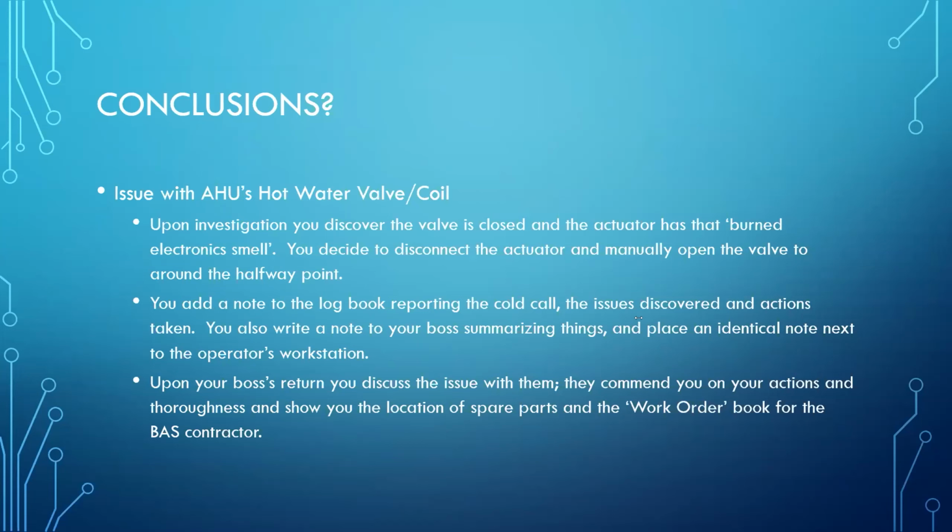You add a note to the logbook, add notes all around telling the boss what you did. And when the boss comes in, it's an opportunity for you to learn what the proper procedure is, where replacement parts are within the area, and what you need to do as far as notifying other departments or contractors that some additional work needs to happen.